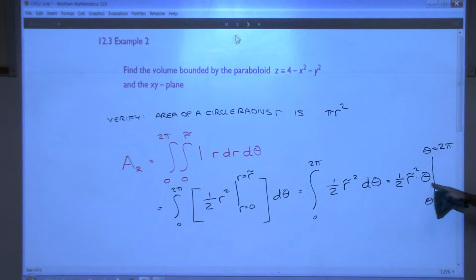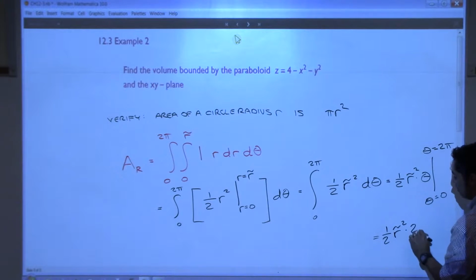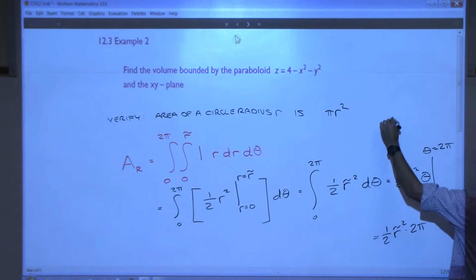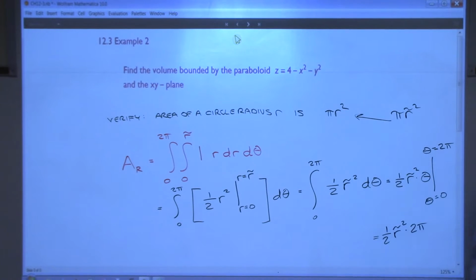Replace theta with 2 pi, replace theta with 0, and you get 1/2 r tilde squared times 2 pi. So that's just pi r tilde squared, which is basically what we were trying to show, that the area of a circle is pi times the radius squared.